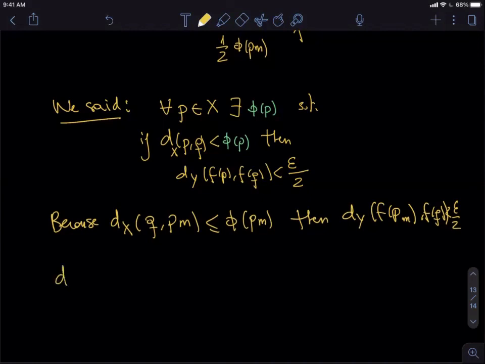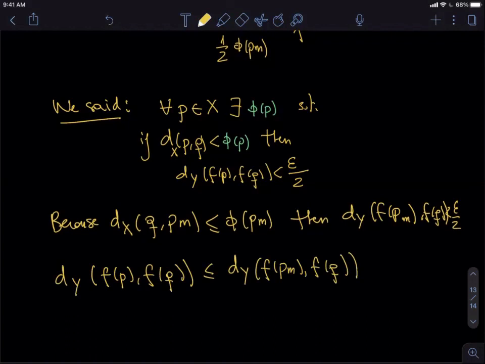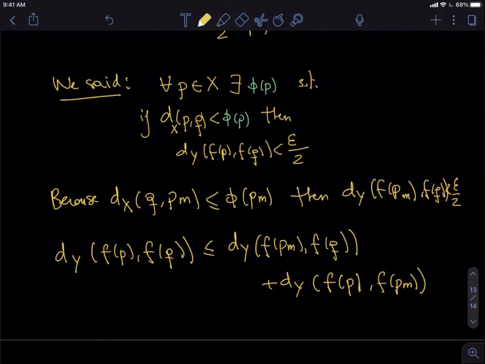And from here, again by the triangular inequality, I take f of P, f of Q. This is less or equal than the distance f of Pm to f of Q plus the distance between f of P and f of Pm, which is epsilon halves plus epsilon halves, and that is the epsilon that I mentioned in the very beginning. That's the reason why we took epsilon halves.